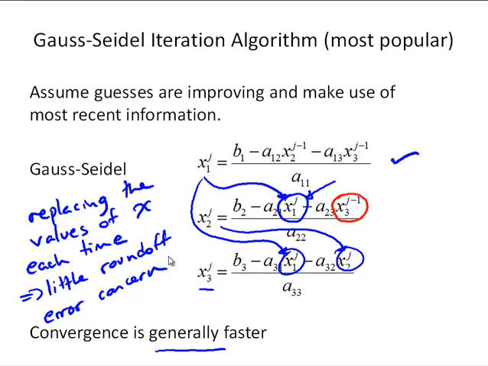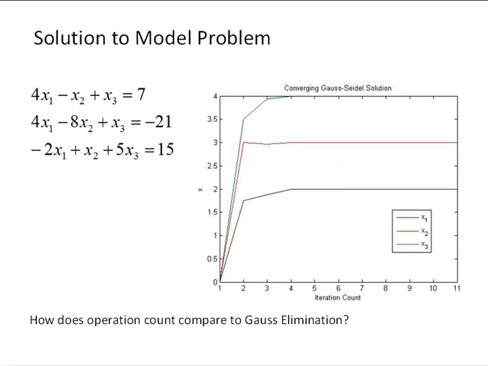So then the key is, does it converge? Let's take a look at some examples. Here's that model problem, and looking at the values of x, x1, x2, and x3 are shown in blue, green, and red, and what those values are doing with the iteration count.